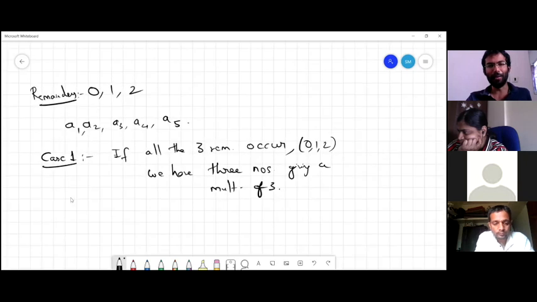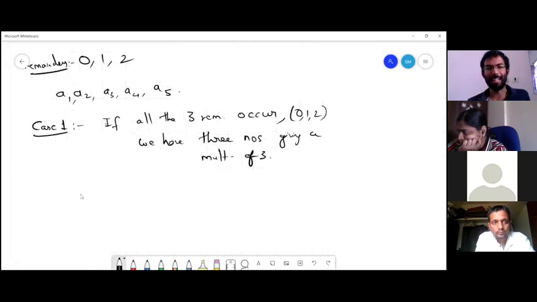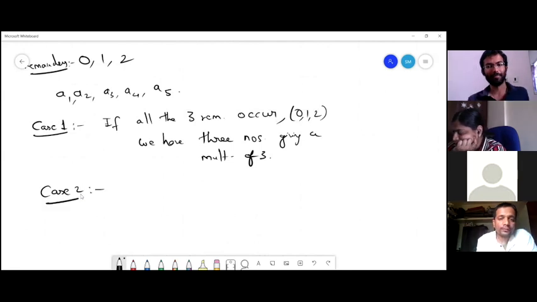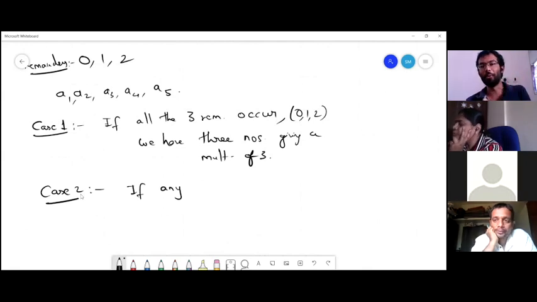Then it looks like there will be more cases. So what could be taken as case 2? If any two of the remainders occur. I would have taken 0 and 1, 1 and 2, 2 and 0, but this is even more general.